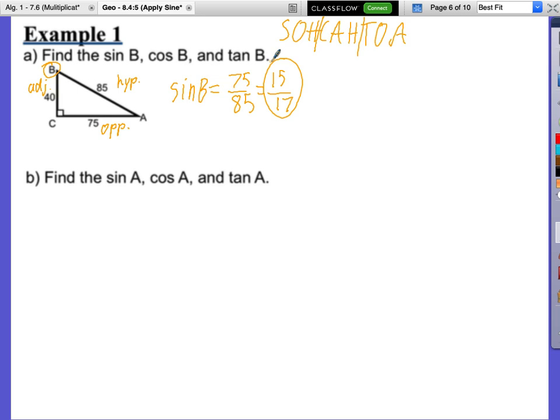Put on my blinker. Don't we though? I would love to. It looks good. Yeah. You want to go ahead and do letter B now? There you go.